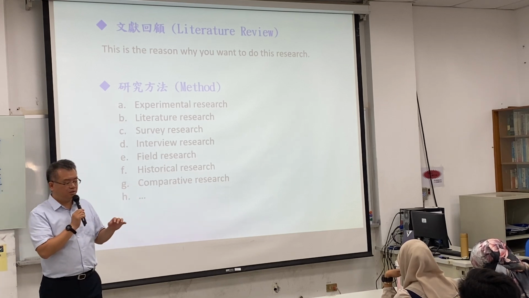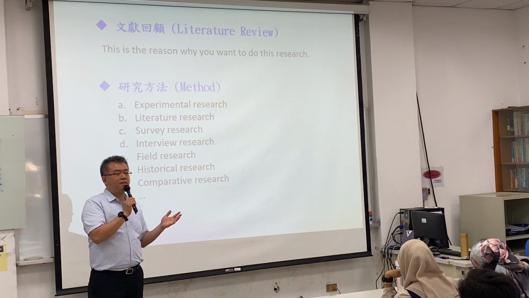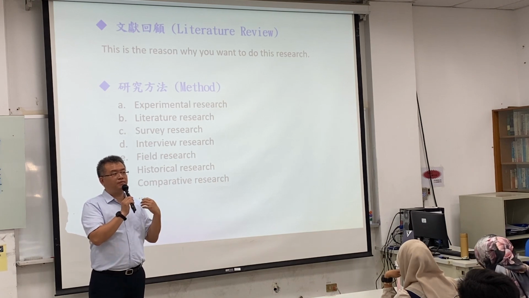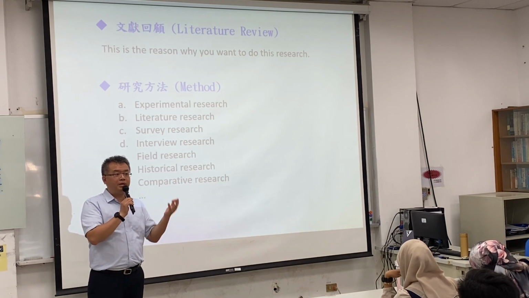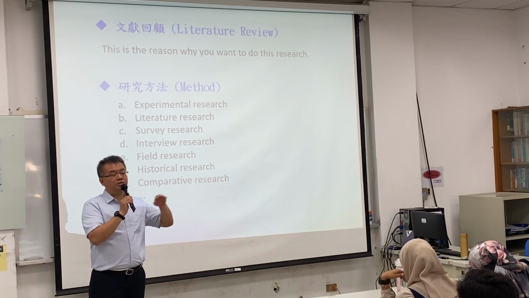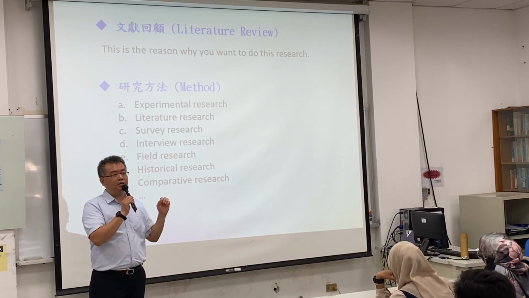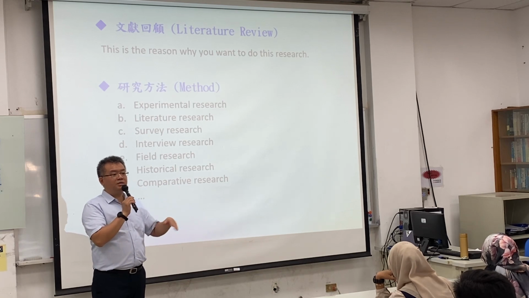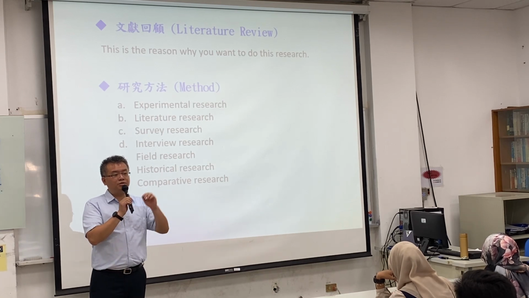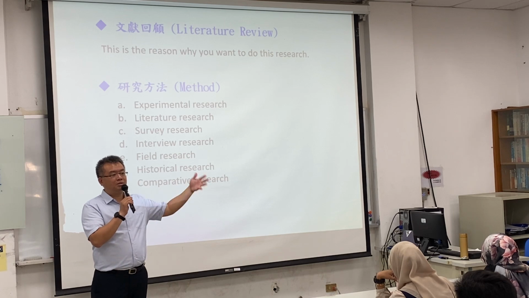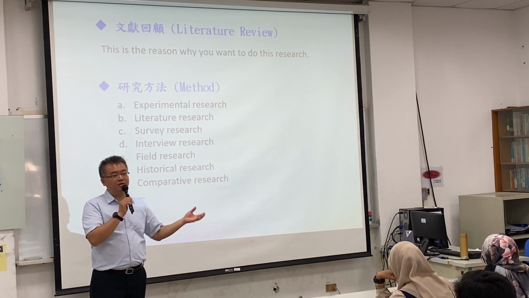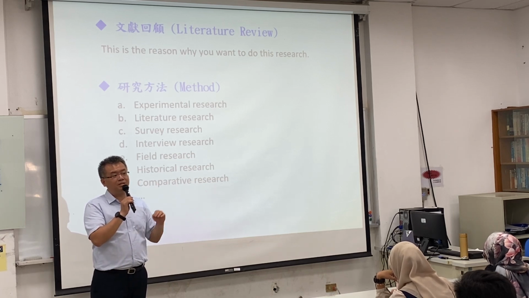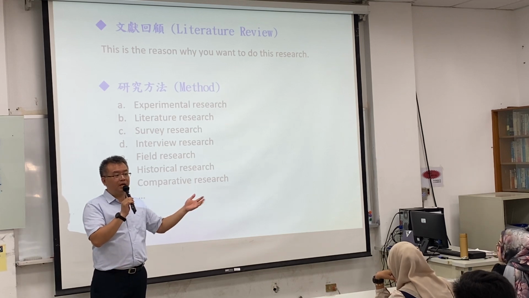Sometimes you read some paper and found that research in this field may have some disadvantage. Then in your research you can mention, because someone's research has some disadvantage and I have some idea to improve it. That's the kind of point.